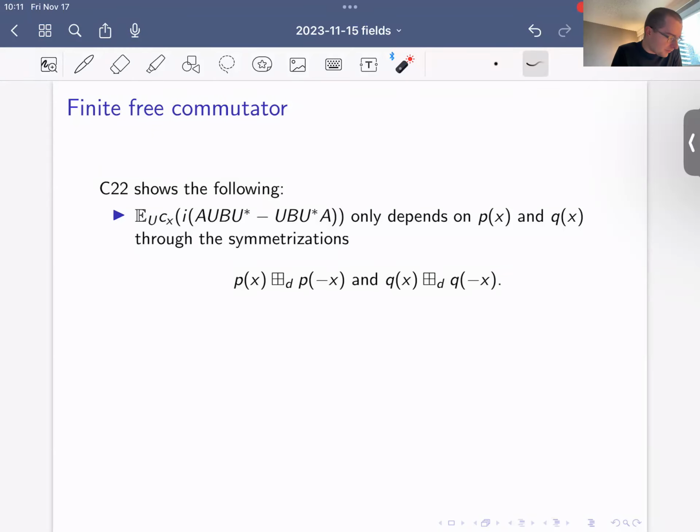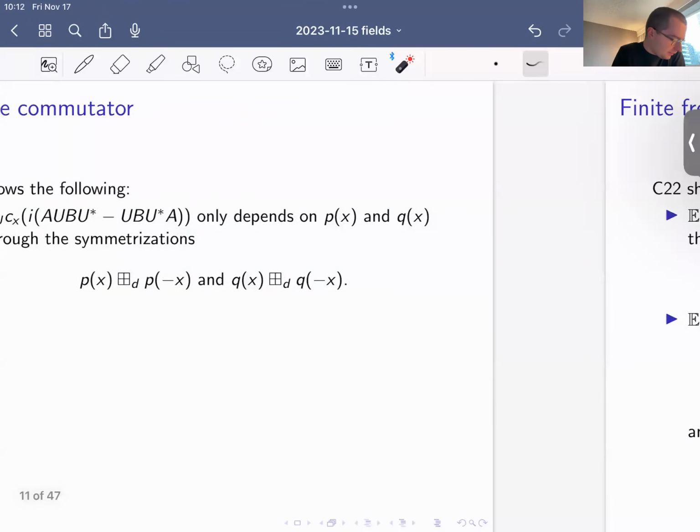This is one parallel with the situation in free probability, because in free probability, the distribution of the commutator of free elements is only going to depend on the even cumulants. The odd cumulants basically cancel out, so this parallels that aspect of what happens in free probability.